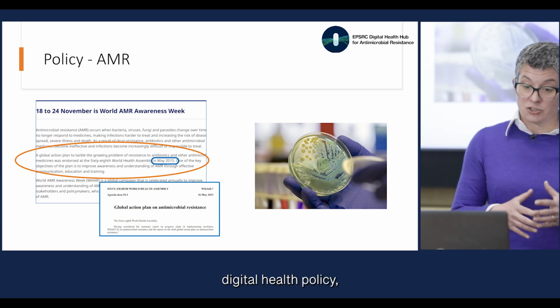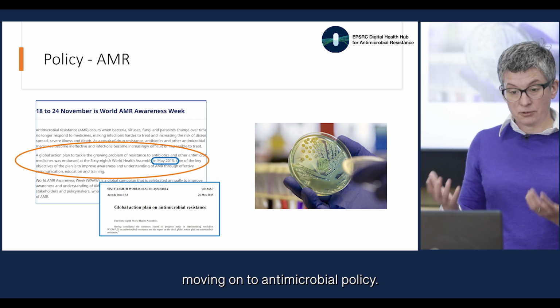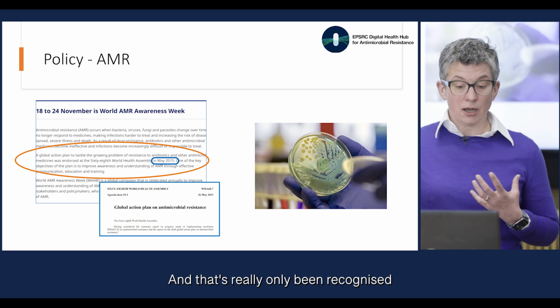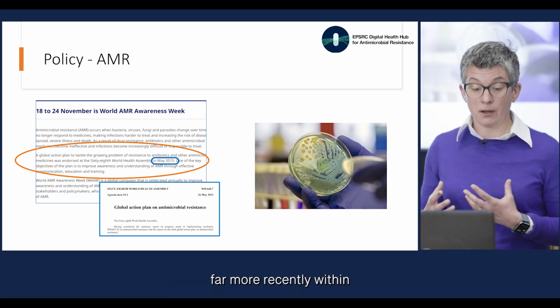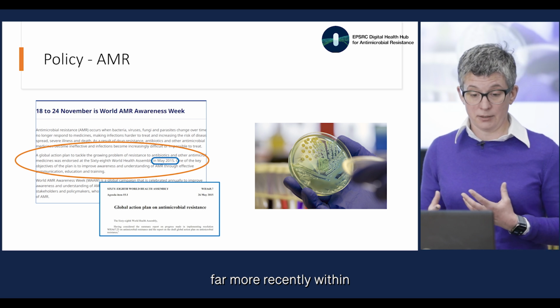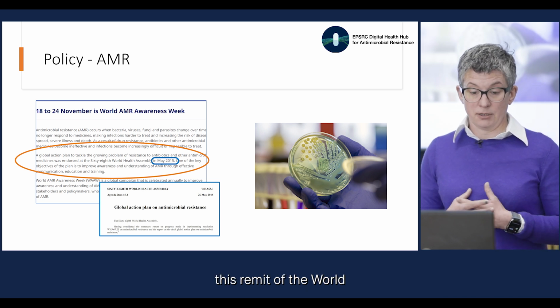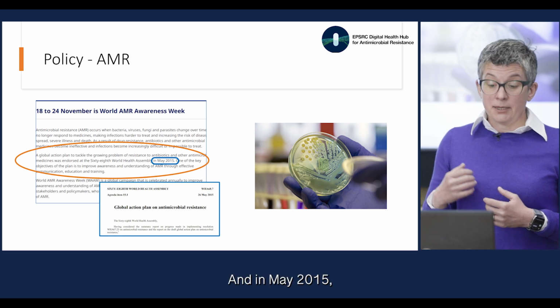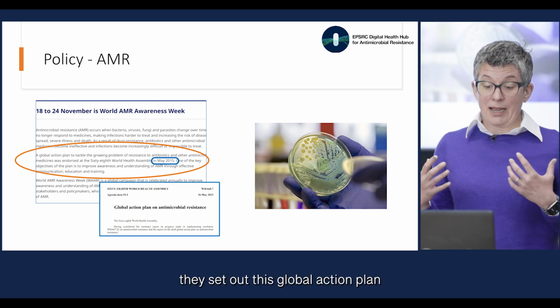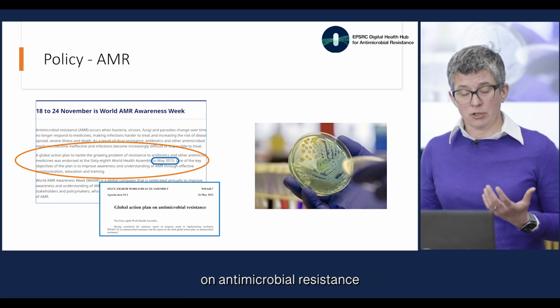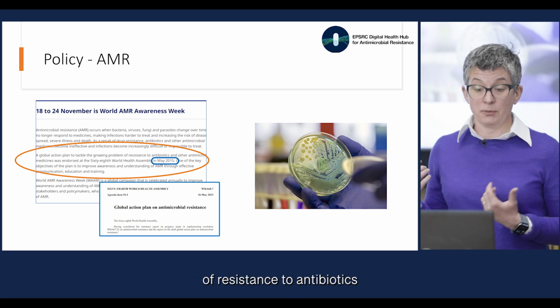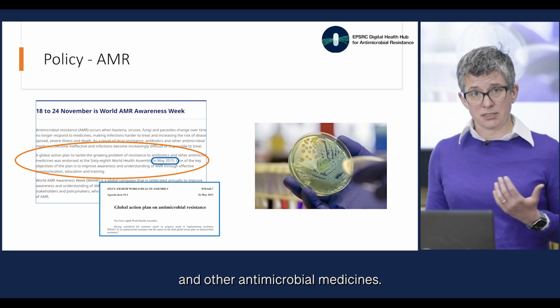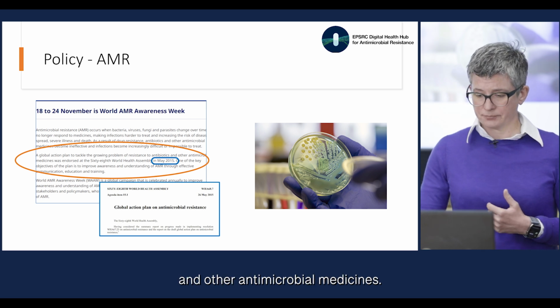So we've covered digital health policy, moving on to the antimicrobial policy, and that's really only been recognised far more recently within this remit of the World Health Assembly in May 2015. And in May 2015, they set out this global action plan on antimicrobial resistance to tackle the growing problem of resistance to antibiotics and other antimicrobial medicines.